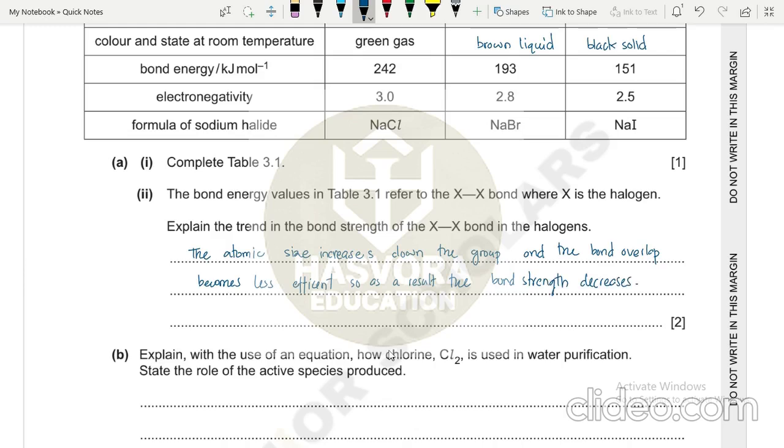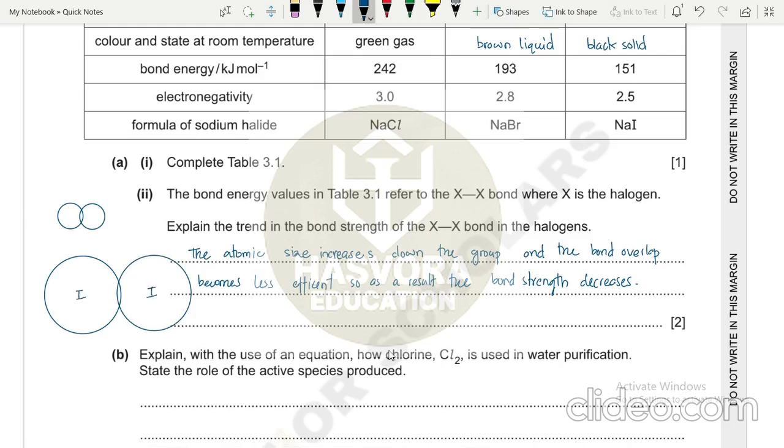Now let me explain this point. For example, if this is chlorine and this is another chlorine, you can see that these are small atoms. But as we progress down to iodine and to I2, the atoms are much bigger in size. So for example, if these are the two iodines, this is one iodine and this is the second iodine.